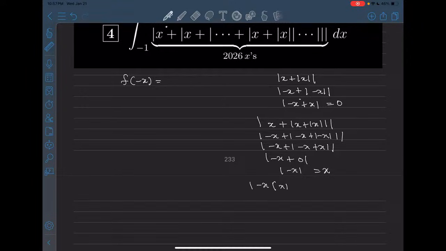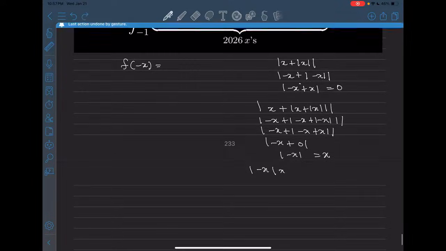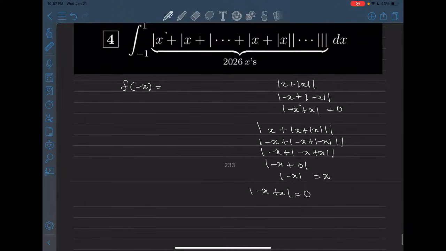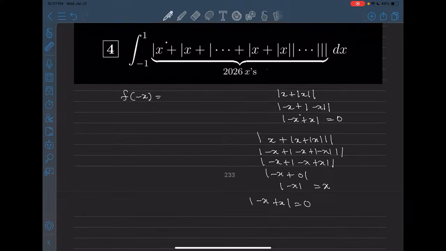If I had another -x over there, it would have been 0 again, right? So that means if there are an even number of them, then it's just 0. If there are an odd number of them, then it's just x. It's modulus x, actually.